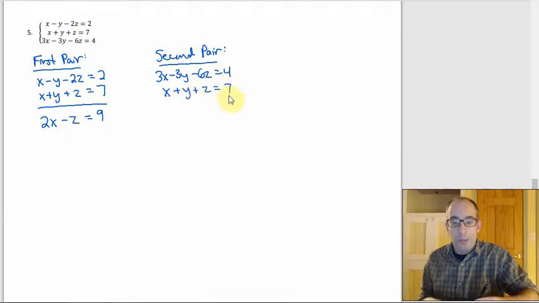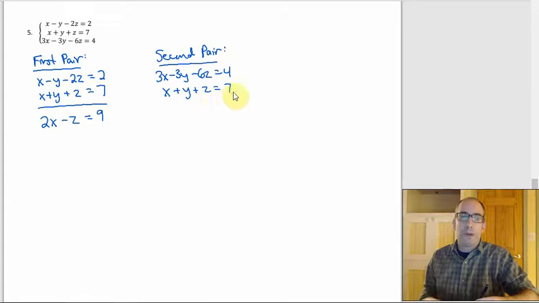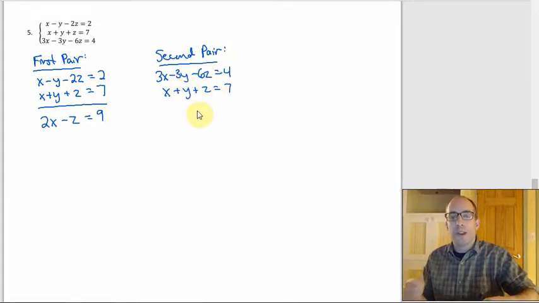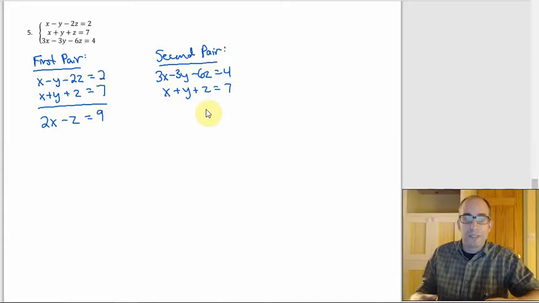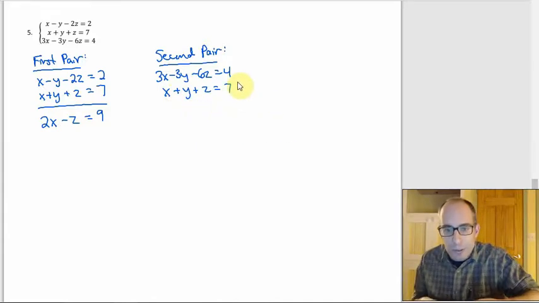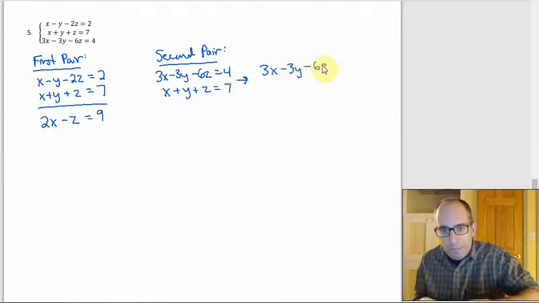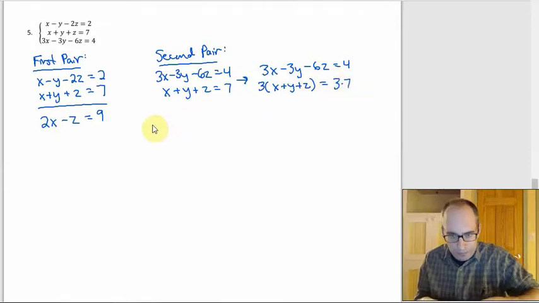Because then with the one that's now written underneath, if I multiply both sides of that by 3, I'll get the additive inverses with the y terms, and we'll have something in terms of x and z. All right, so what we're going to do then is we're going to say the top one stays the same, and the bottom one has both sides multiplied by 3. So 3 times x plus y plus z equals 3 times 7.